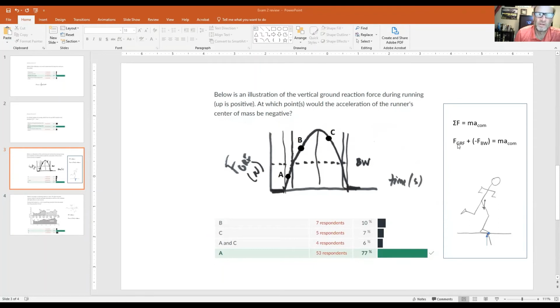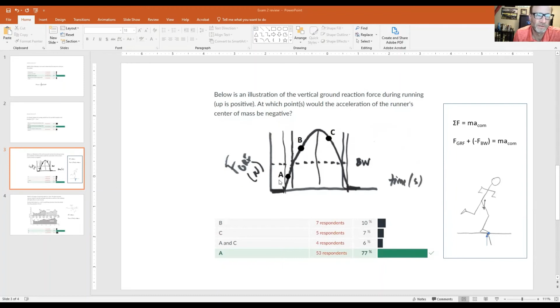So if this is 100 newtons and this is 1,000 newtons, this side has to be negative 900 newtons. So what we need to do is find on this plot where the ground reaction force is less than body weight, or the body weight is greater than ground reaction force.